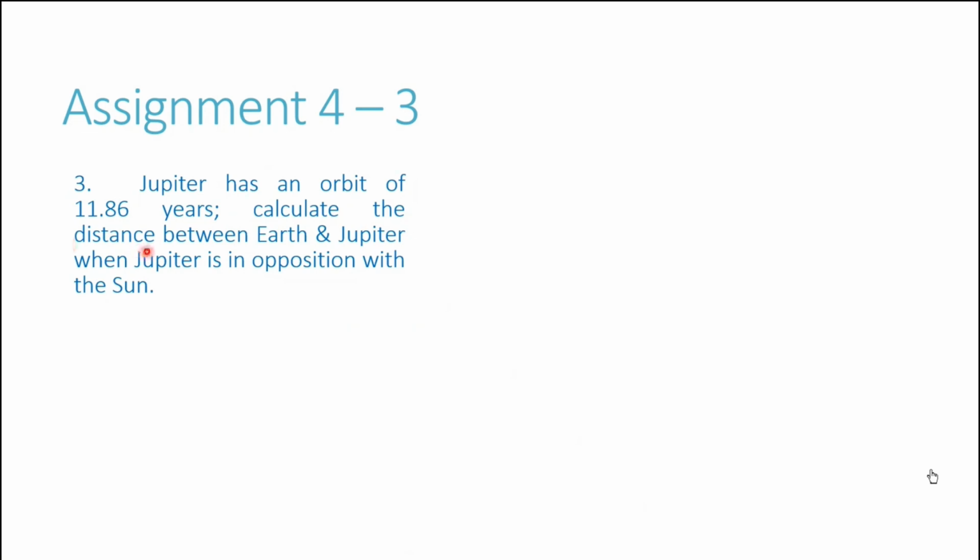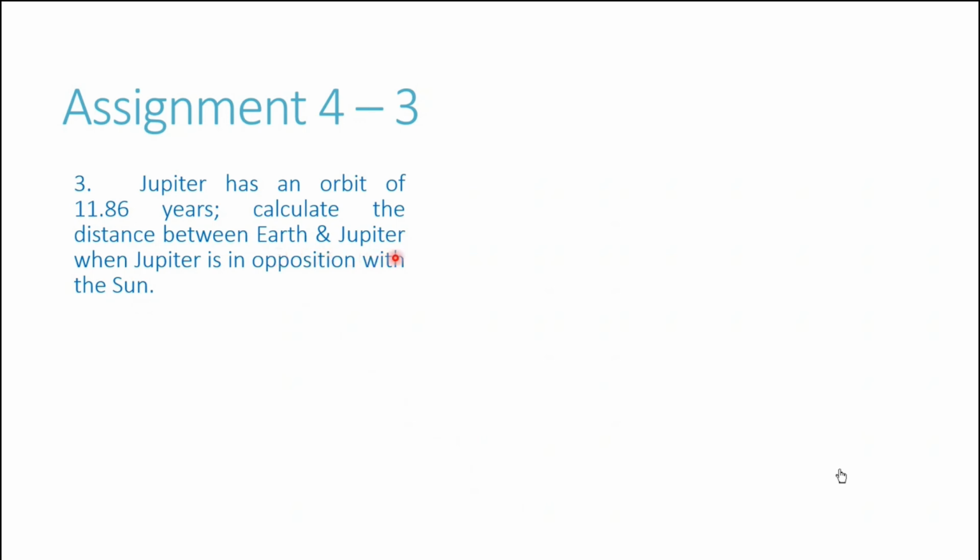Calculate the distance between Earth and Jupiter when Jupiter is in opposition with the Sun. So they told us that Jupiter has an orbital time period of 11.86 years. And they have also told us that Jupiter is in opposition with the Sun, meaning looking from Earth, Sun and Jupiter are in opposite directions. And we need to find what is the distance between the Earth and Jupiter.